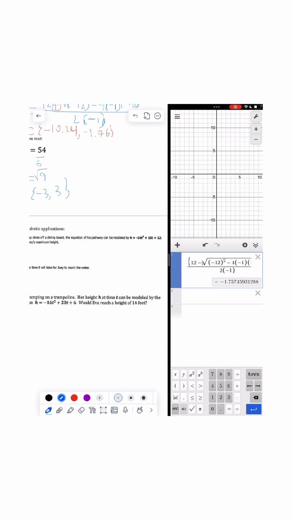How can we use Desmos to help us out? We can change this equation to y equals negative 16x squared plus 15x plus 12.